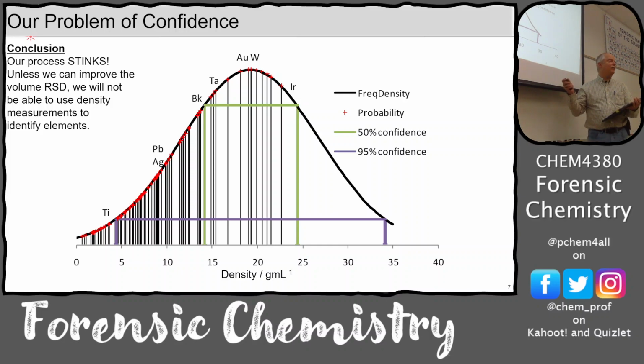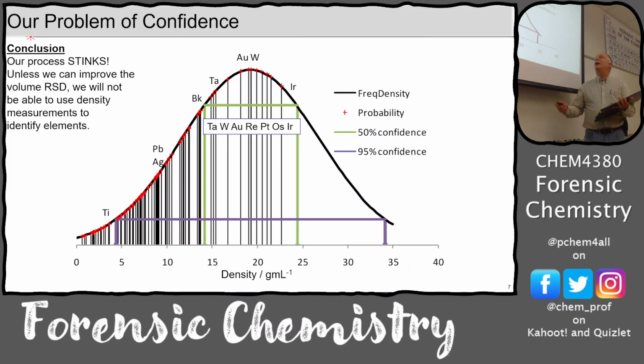It might be higher, it might be lower, and to capture half of the distribution, these would be the metals that would fall within the 50% region of this distribution. So I'm 50% confident it's one of these. And sure enough, gold and tungsten are in there, but it could also be tantalum or iridium or osmium or platinum or rhenium. It's a 50-50 shot. It could also not be those.